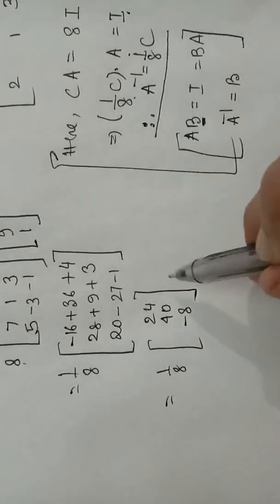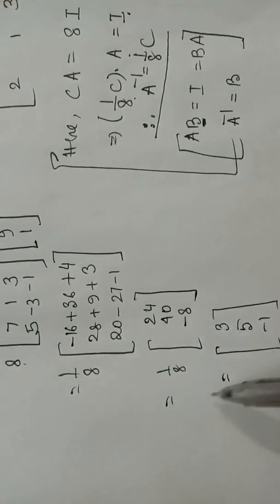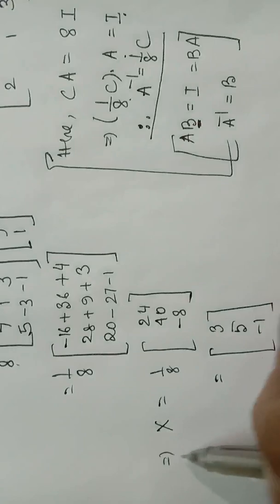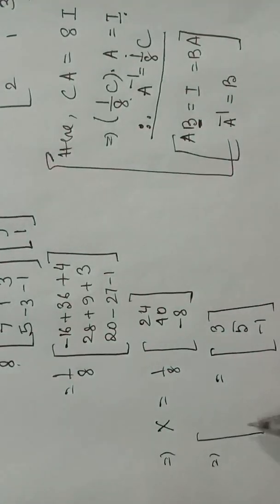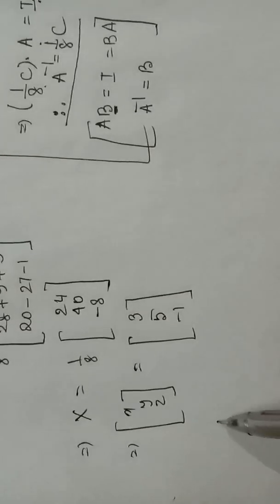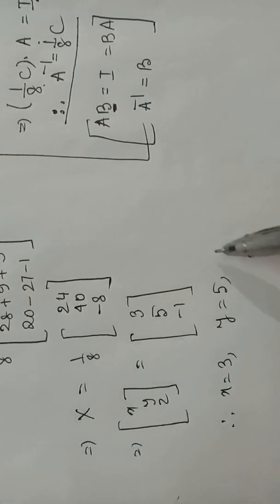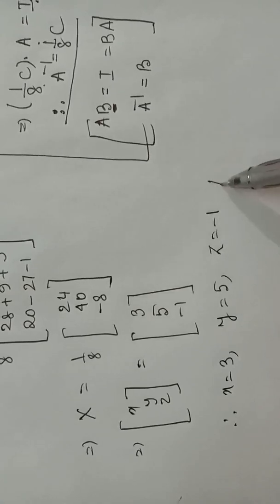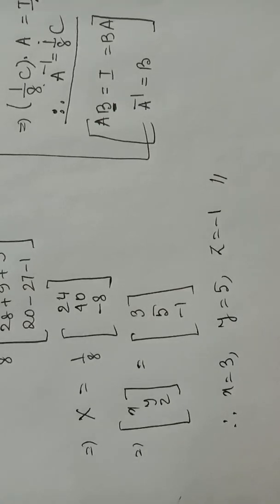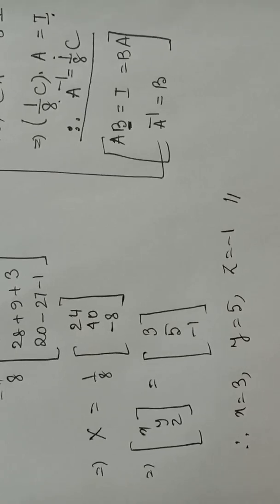So you can see this is equal to 3, 5 and minus 1. This is our x. X is the matrix x, y, z, and comparing we get x equal to 3, y equal to 5, z equal to minus 1. So this is the solution of the given equations.